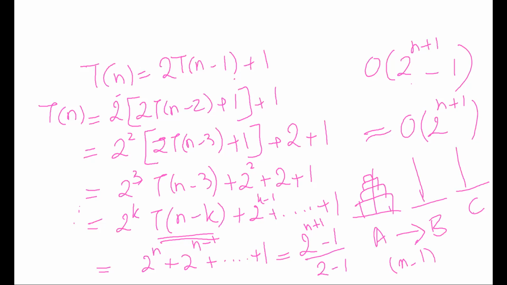Yes, you can write simply 2 to the power n. It is 2 to the power n plus 1 minus 1. Yes, no issues. This is basically when we do O, we say it is for higher values of n. So minus 1 or just multiplied by 2, it doesn't make much effect.